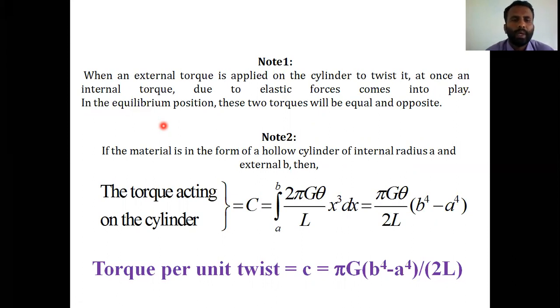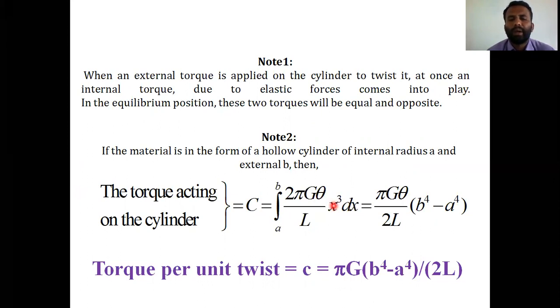Note 2. If the material is in the form of a hollow cylinder of internal radius a and external radius b, then the torque acting on the cylinder is C equals the integral from a to b of 2 pi G theta divided by L times x cubed dx.